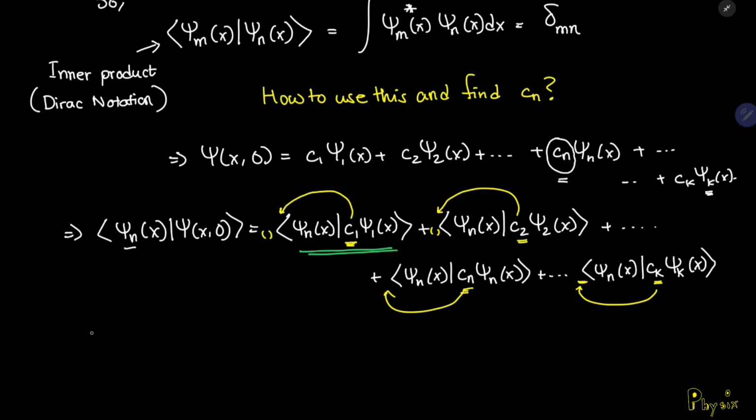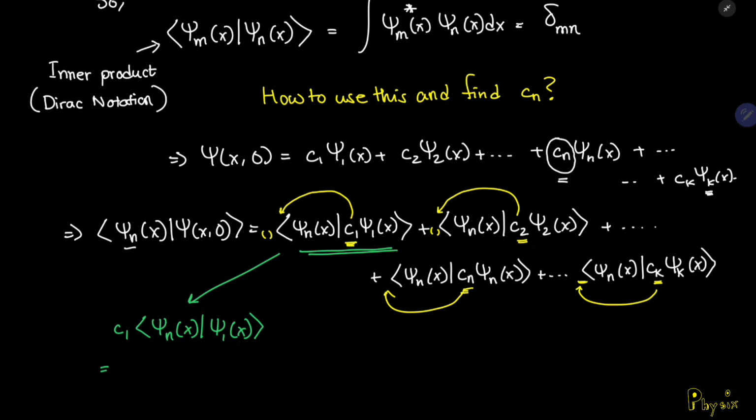So for the case where we have C1 psi 1 of x dotted with, in an inner product with, psi n of x, we have to evaluate what this term means.